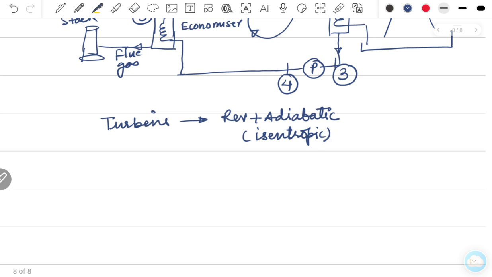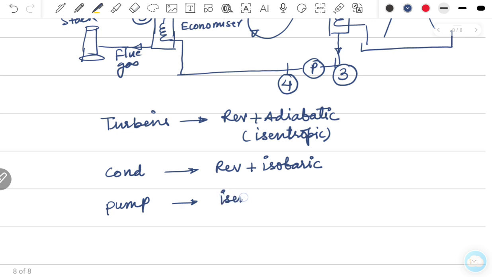Process happens. Now inside the condenser, the condensation process ideally can be reversible plus isobaric. That means constant pressure. Okay, then inside the pump, we can also assume a frictionless adiabatic process, that is again an isentropic process.